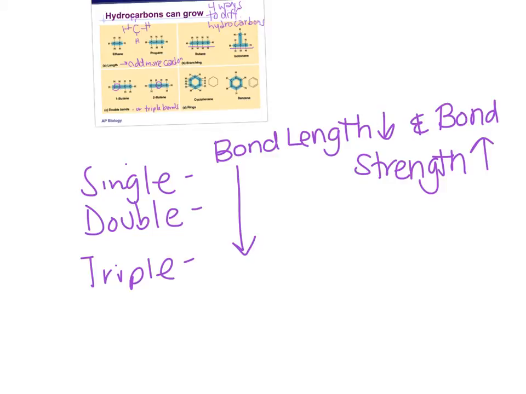Now, if we folded it in half, it's going to be double the strength, right? But we're closer because we've shortened how far apart we are. What if we wanted to make it even stronger? We can fold it in thirds, and we'd be even closer because we've decreased the distance between us, but it's going to be even harder to break because now we've got more reinforcement on that. So bonds are a lot the same way. As the number of bonds increases, the bond length decreases and bond strength increases.